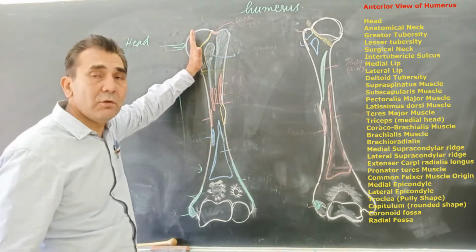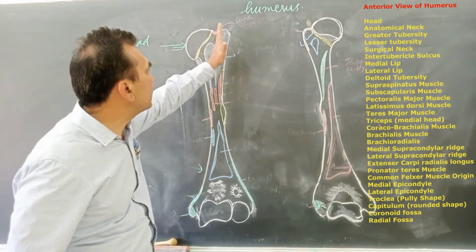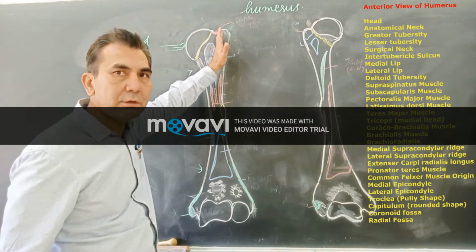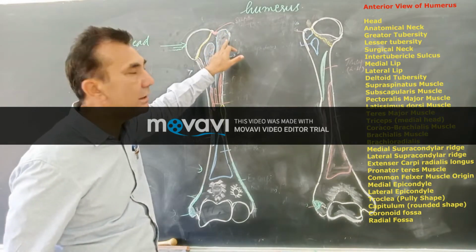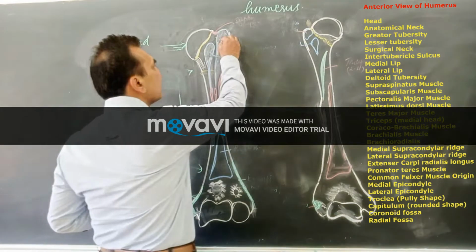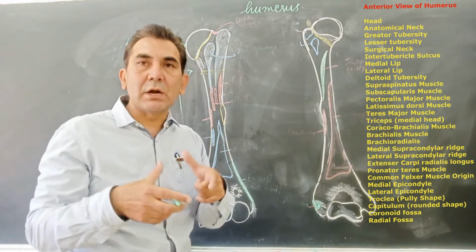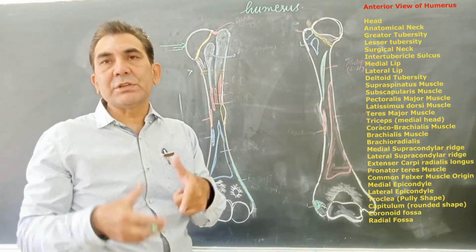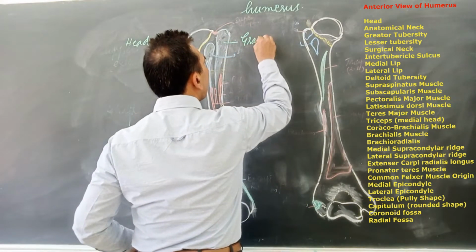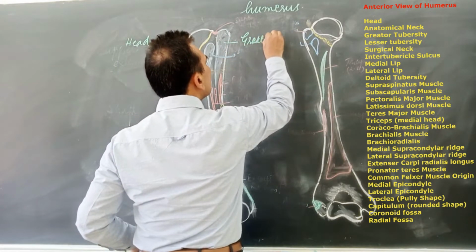On the lateral side of the head of the humerus, you see a tuberosity which is larger in structure. This is called the greater tuberosity.